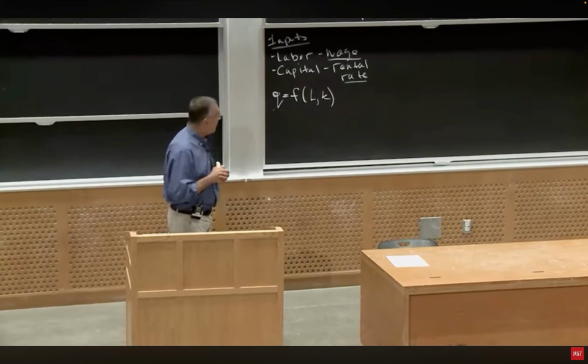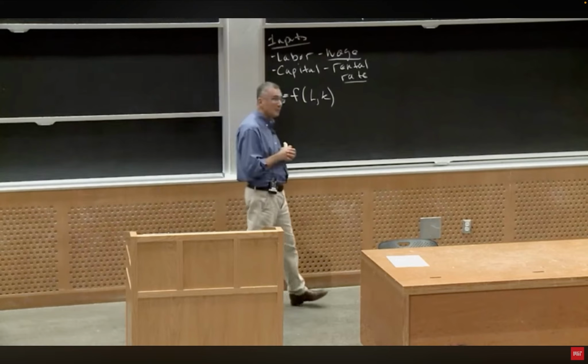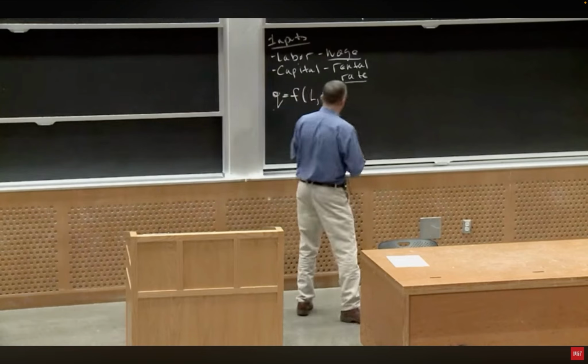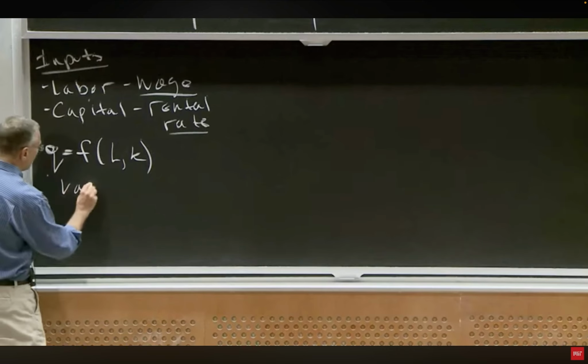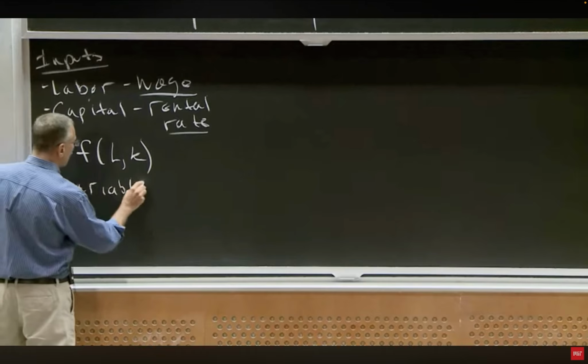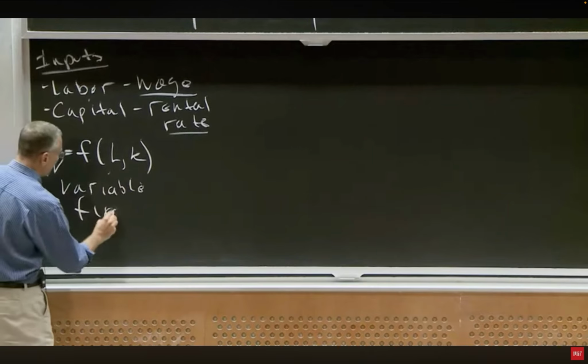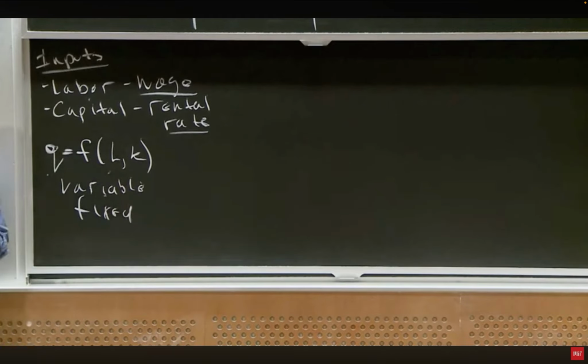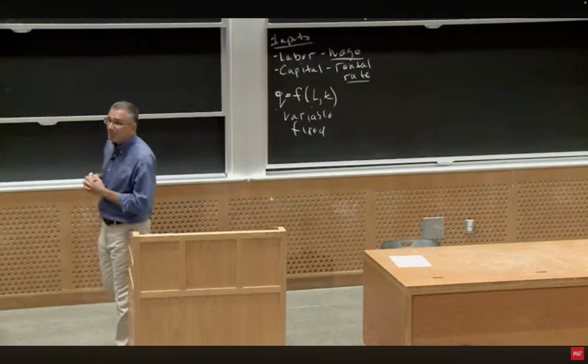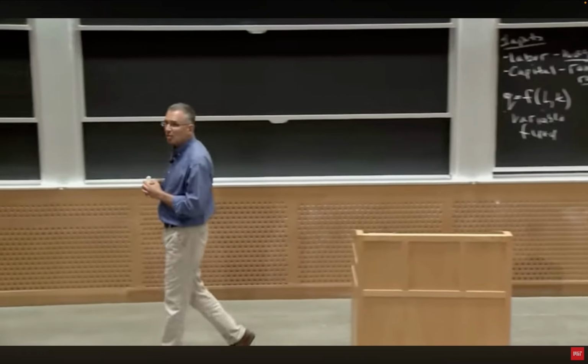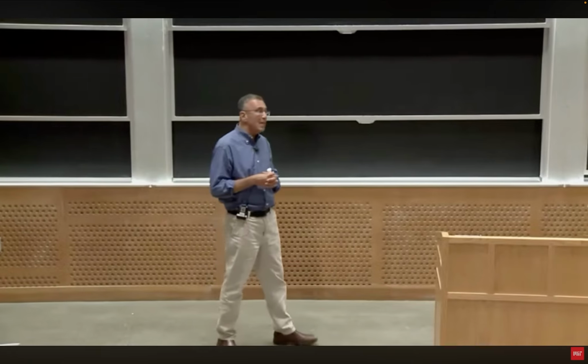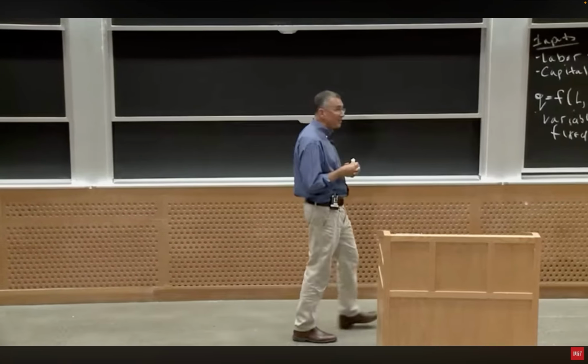Now, these inputs can be what we call variable or fixed. What do we mean by that? A variable input is an input that can be easily changed. A fixed input is one that is hard to change, at least in the near term.